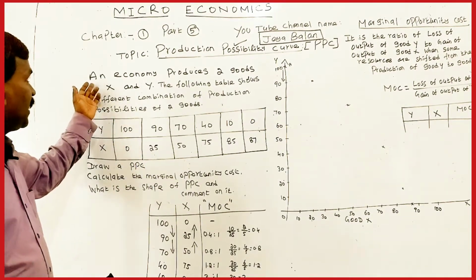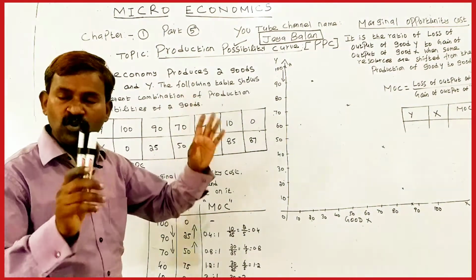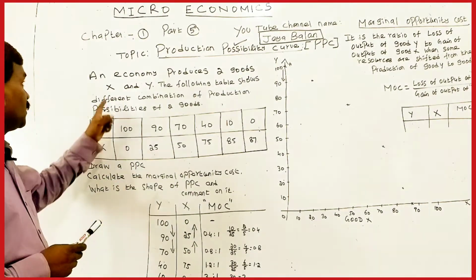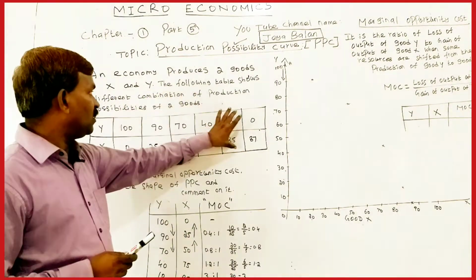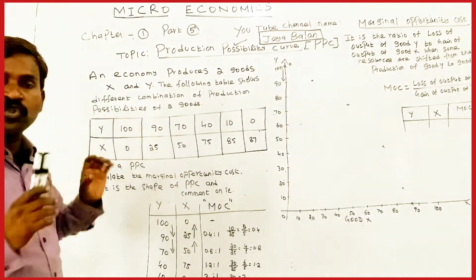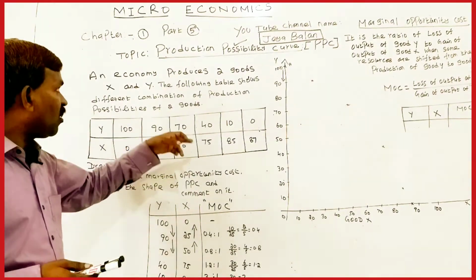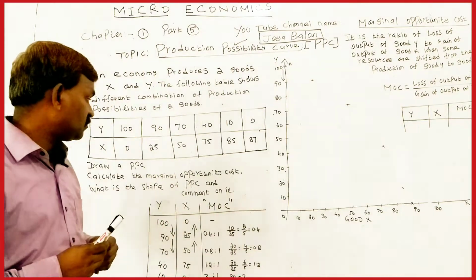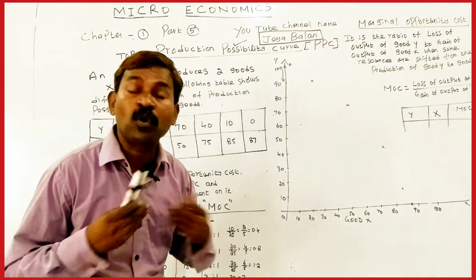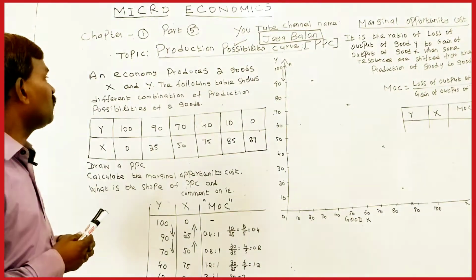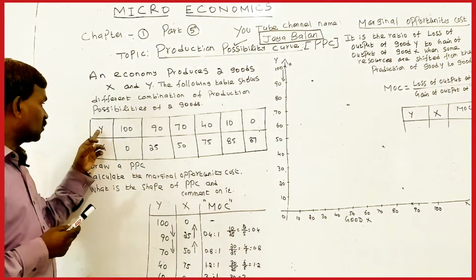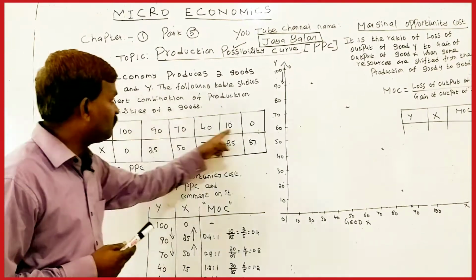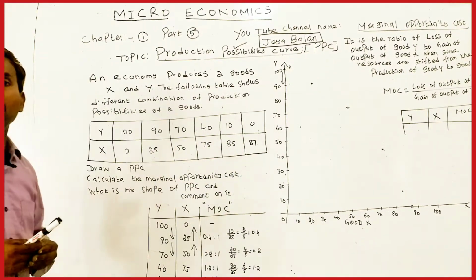An economy produces only two goods, good X and good Y. The following table shows different combinations of production possibilities of two goods. Production of good Y, production of good X. Some values are given in the table form.